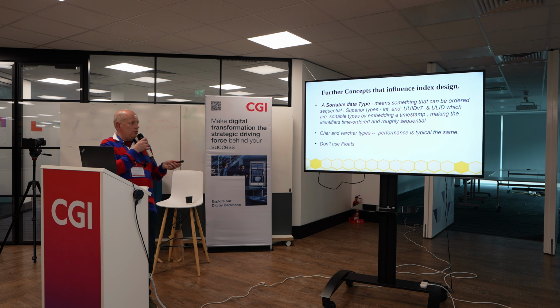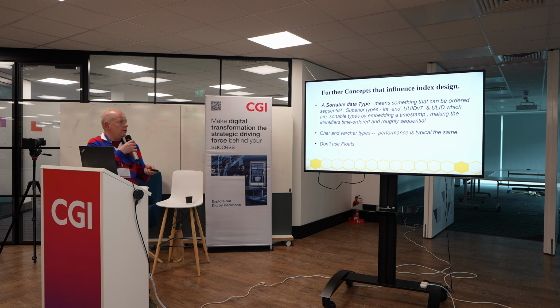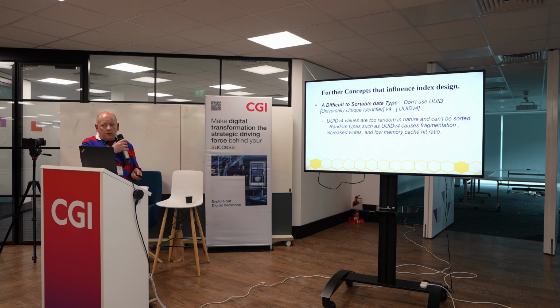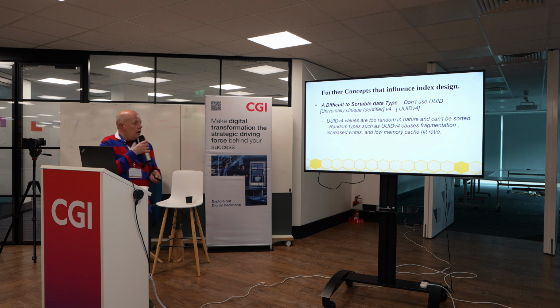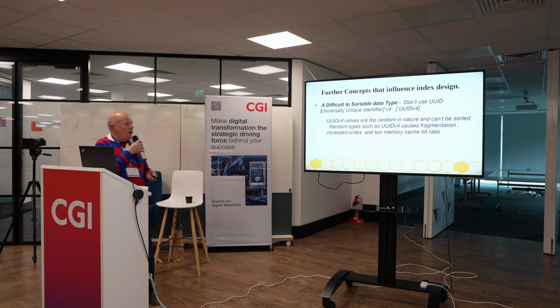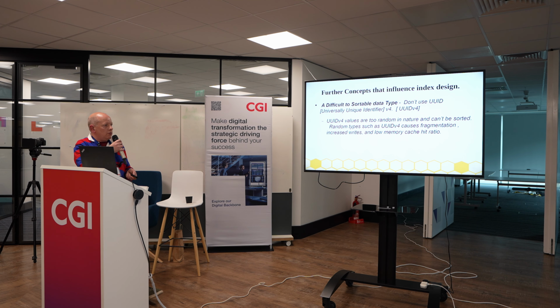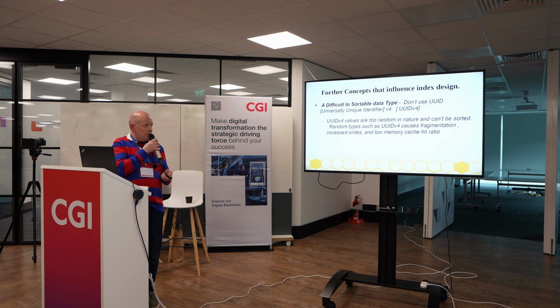For char and varchar types, performance is the same; don't use floats. A difficult to sort data type, and I've seen many examples, is UUID 4. It's too random in nature, and it causes fragmentation, increased writes, and a low memory cache ratio.